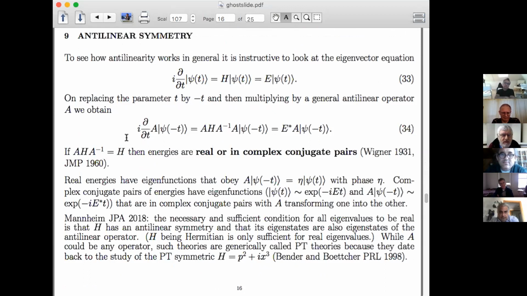And then you discover that if A H A to the minus 1 is H, namely if H has an antilinear symmetry, the energies are either real, E equals E star, or in complex conjugate pairs. Real energies have eigenfunctions that obey A acting on the state equals eta times the state, with a phase eta, and for the complex conjugate wave functions, A converts one into the other.